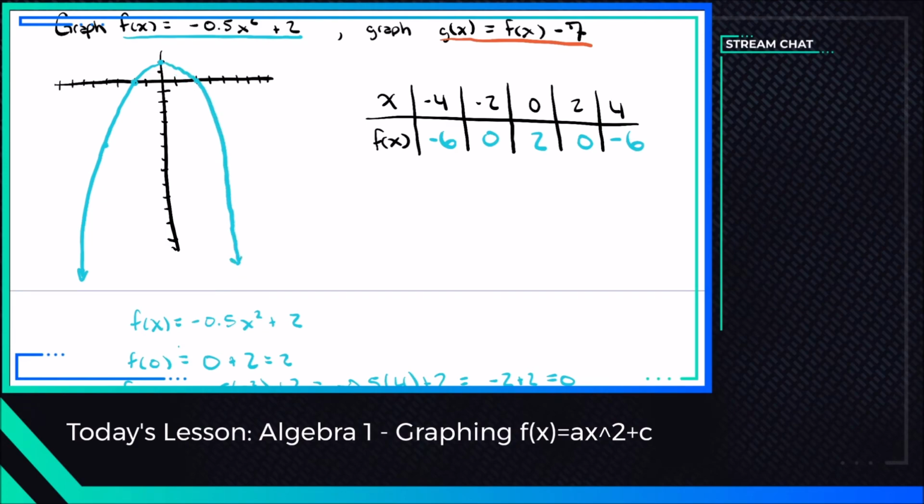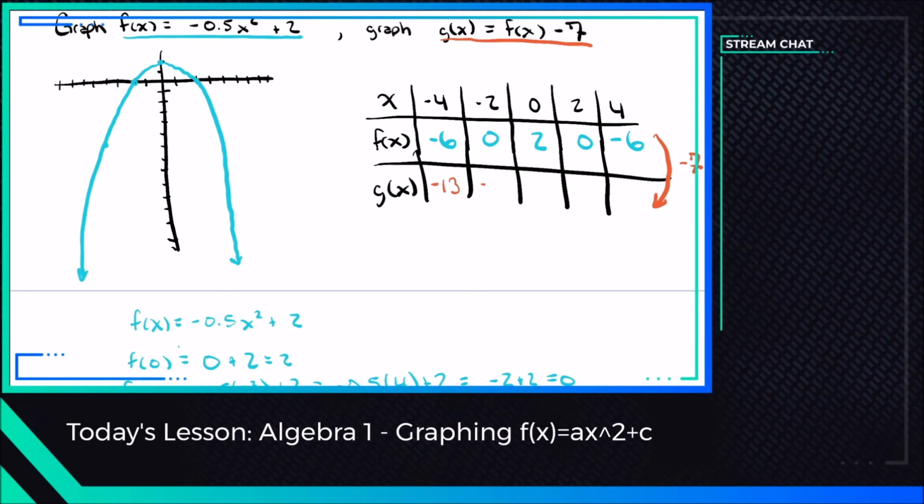There we go. And now we also need to graph g of x is equal to f of x minus 7. So we're going to just continue our table right here. And the only thing we're going to do is subtract 7 from each one of those terms. So -6 minus 7 is -13, 0 minus 7 is -7, 2 minus 7 is -5, then -7, and -13.